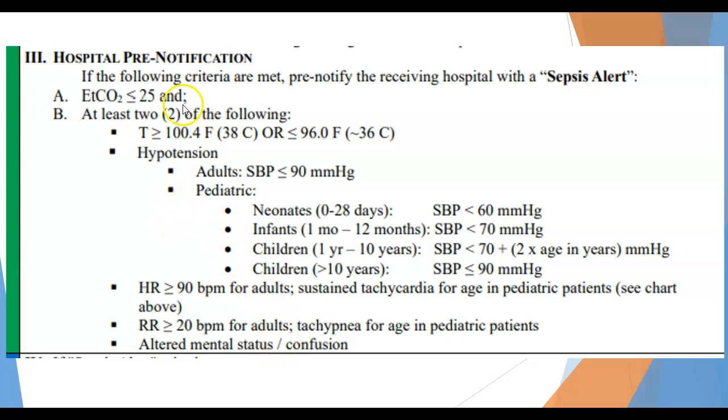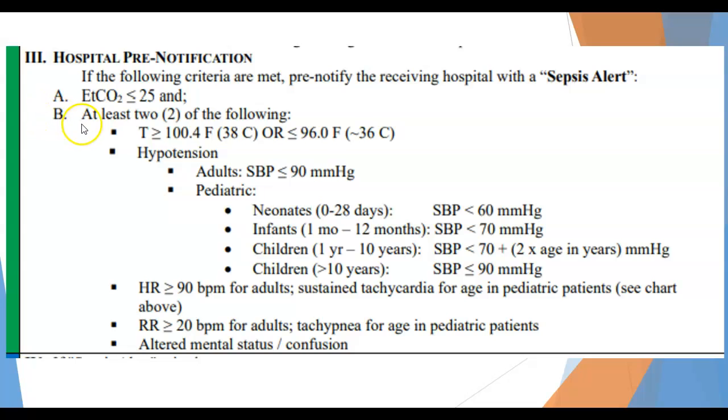So to do a pre-hospital notification, again, we have to suspect and know that we have a source of infection. In the title, at the very end, it was very specific that we want to put these folks that we suspect of the criteria on end-tidal to monitor it throughout our transport, and this is why. We have an infection, and then we have them on end-tidal that's less than 25, and then we couple that with 2 of these vital signs right here.